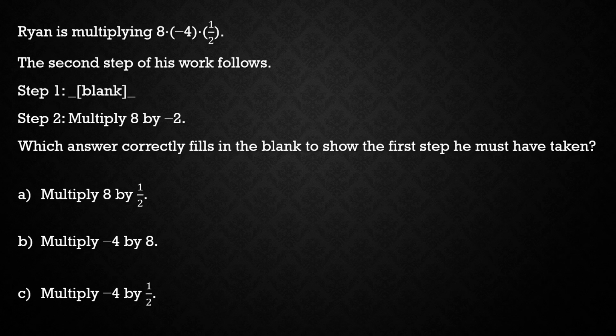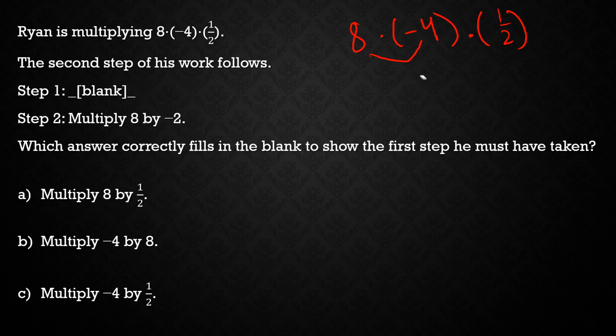Okay, well, if I'm looking at what I have here, I have 8, -4, and 1/2. If I don't touch the 8, that's going to leave me the 8 next. Right? Because say if I were to multiply these two together, I would have -32, and this would be times 1/2. But I know that he did 8 times -2, so that cannot be correct.